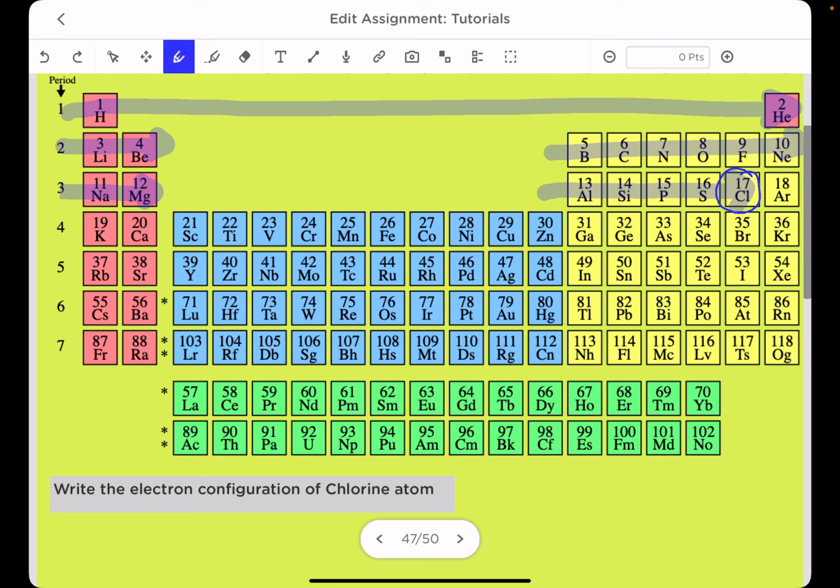So what does that mean? It means that I have to fill the two electrons in the 1s. You do not say 1s1, 1s2, because I'm taking all the s completely, so I would go for 1s2.